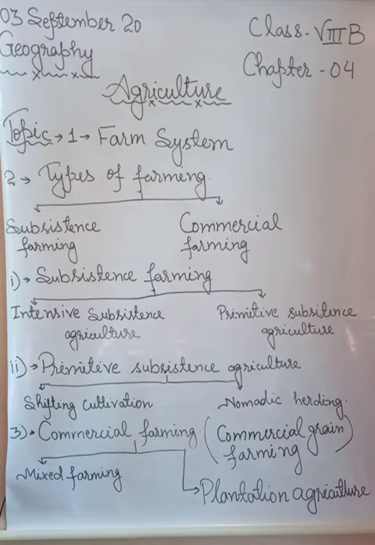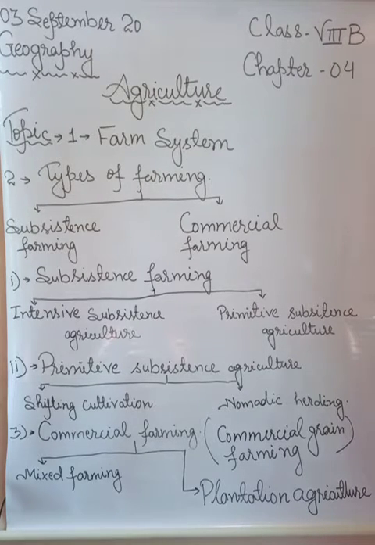So this is all an example of outputs which farmers get from different kinds of agriculture activity. Understood? After that, your next topic is types of farming.